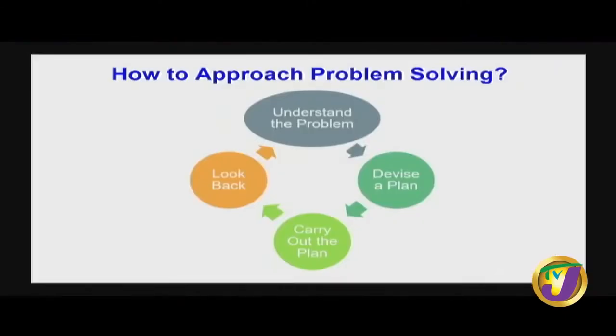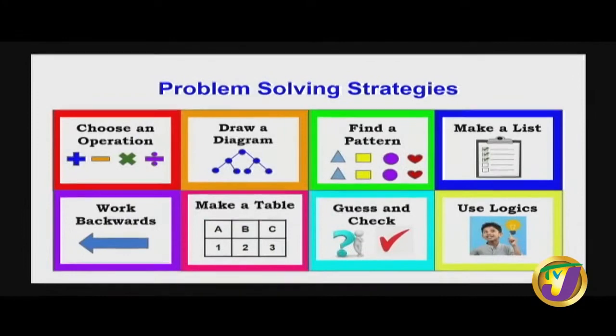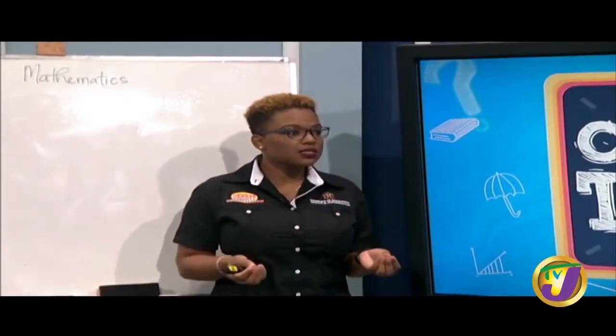Yes, definitely. And we also want to leave them with the strategies, some of which we would have used this morning as we explored problem solving. So you're going to choose an operation, clearly, but this may be coupled with some of these others. So you may need to draw a diagram. And I always say, if you can draw it, it makes it a little bit easier for you, because you can see.